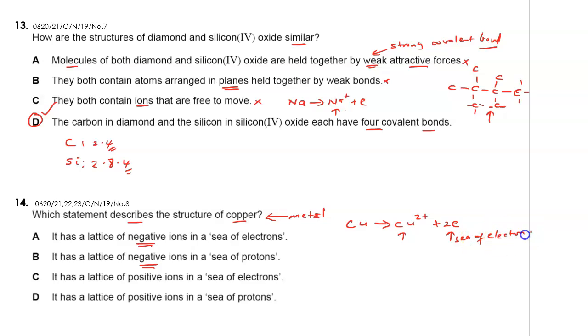The sea of electrons has a negative charge, so the negative charge will attract the positive charge of the ions and form a metallic bond. So this is correct. D says a sea of protons. Not protons, it's electrons. So that is not correct.